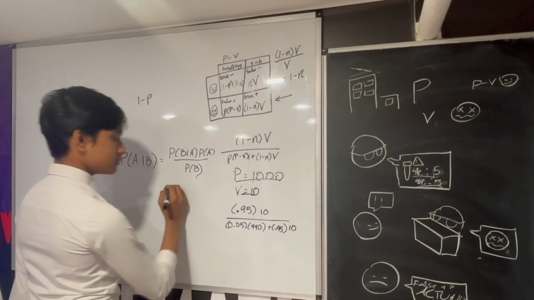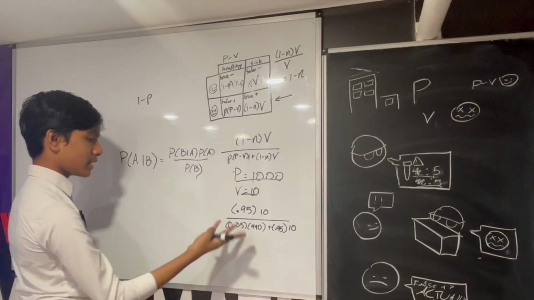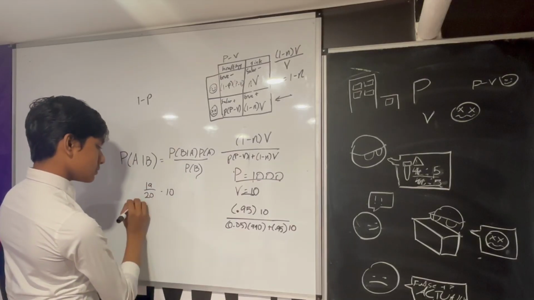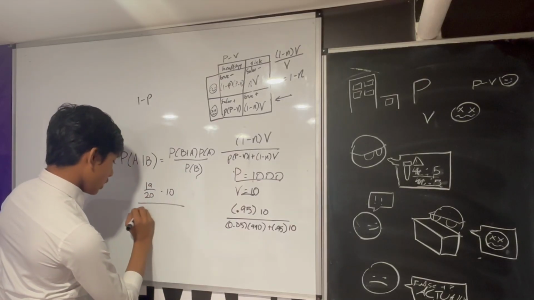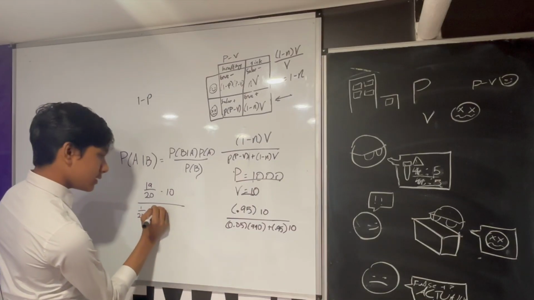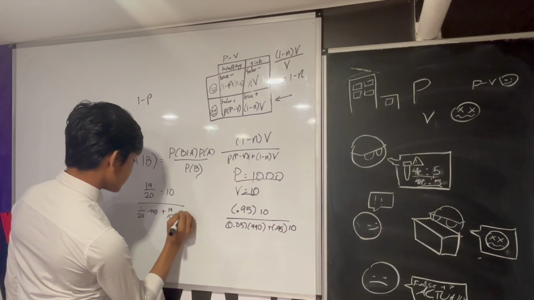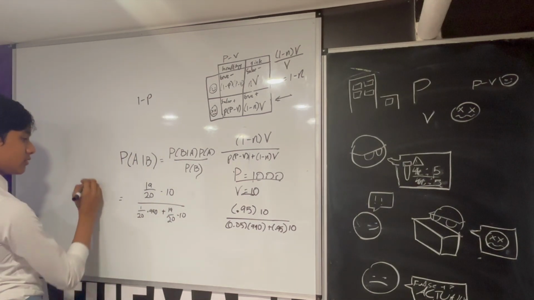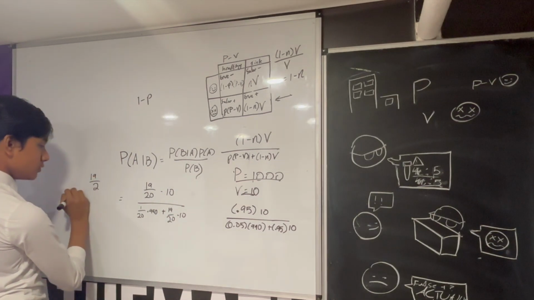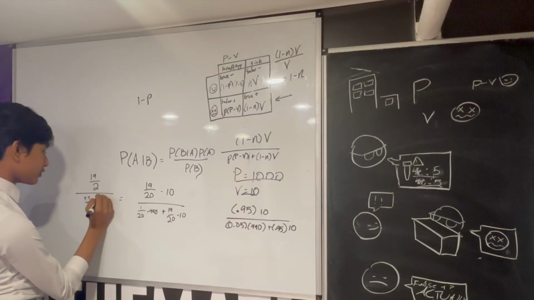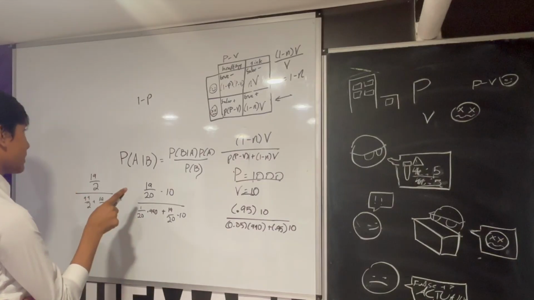So now you will probably say, okay, so this is 19 over 20 times 10, over 1 over 20 times 990, plus 19 over 20 times 10. So that's just equal to 19 over 2 divided by 99 over 2 plus 19 over 2. I actually haven't calculated this in my head yet.